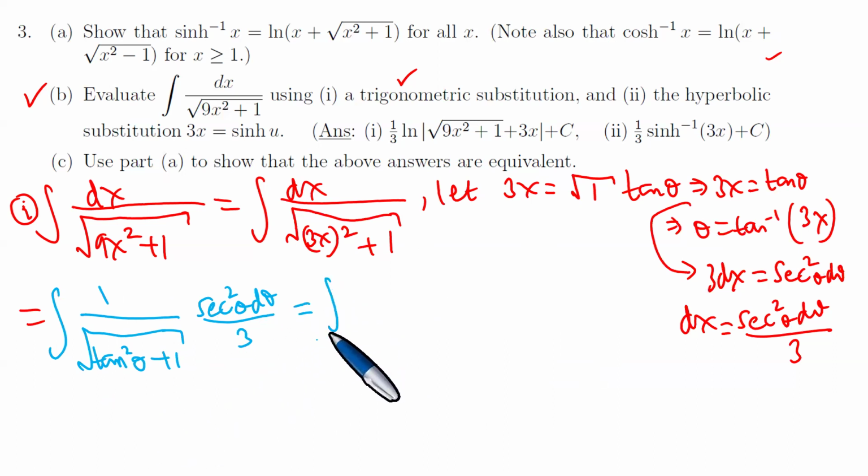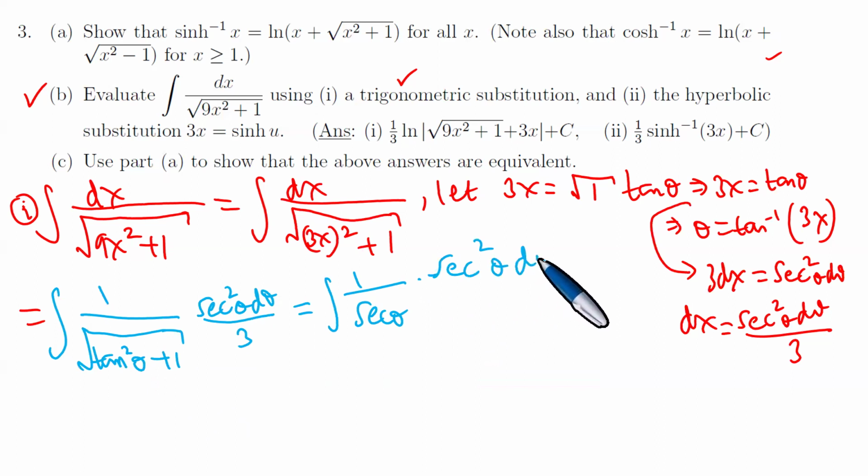So you have the integral of, what is tan squared theta plus 1? It is sec squared. So the square root of sec squared is sec theta. So this is 1 over sec theta, and then you have the sec squared here, d theta, but there's a 3 here like this.